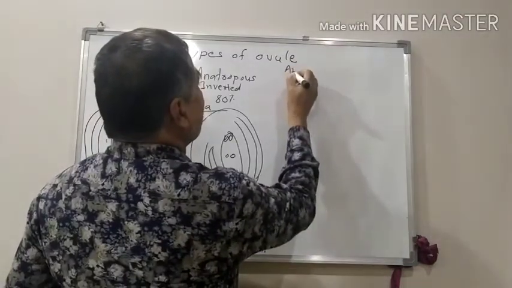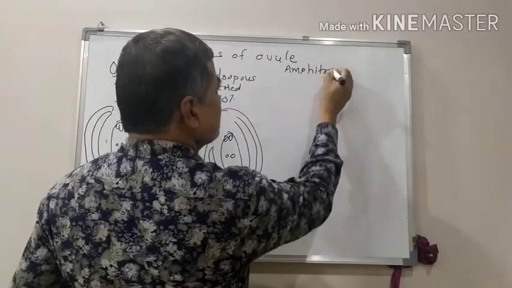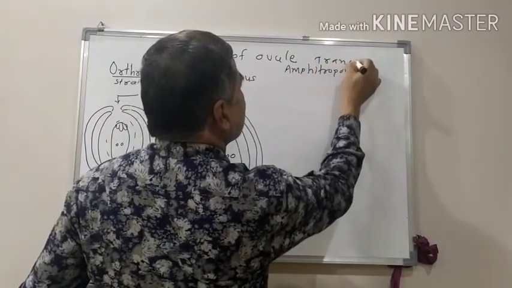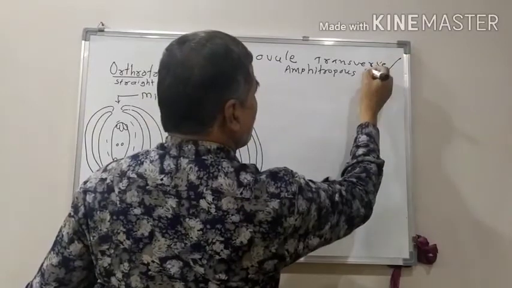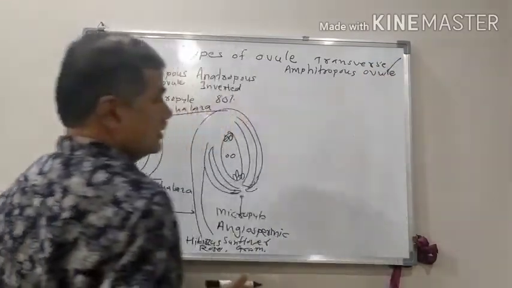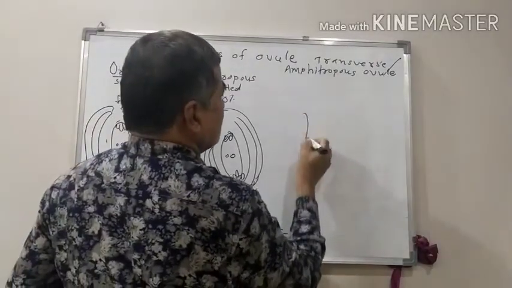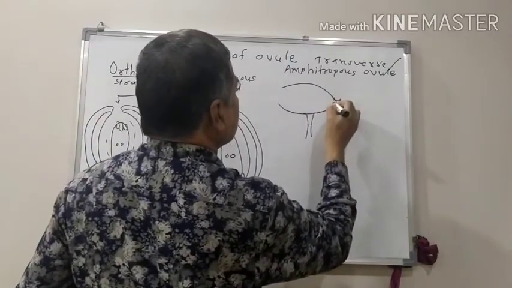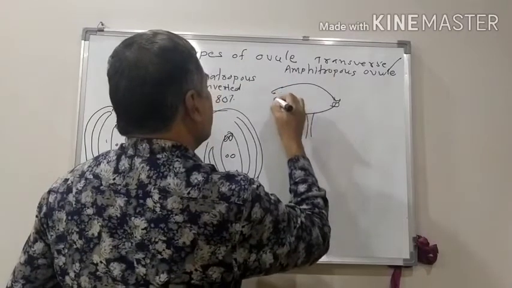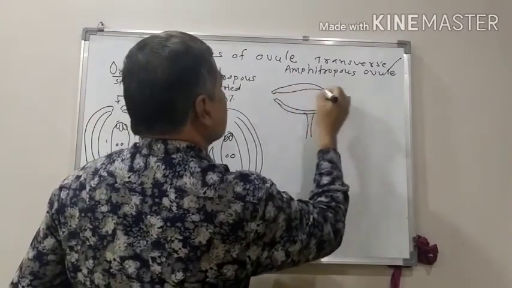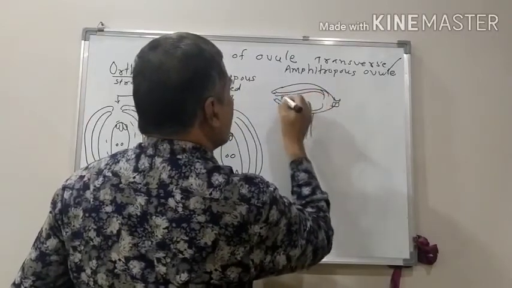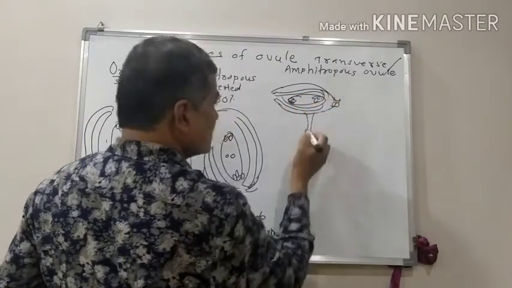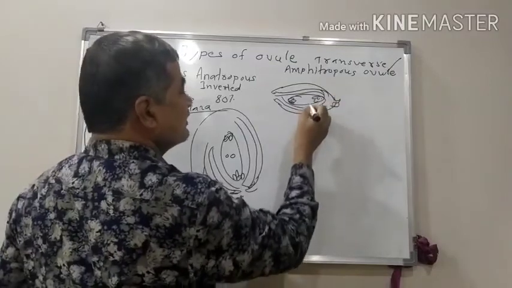The third one is the amphitropous ovule, also known as the transverse ovule. Here in the amphitropous ovule, this is the funicle, and the chalaza and micropyle are transversely placed at right angles to the funicle.